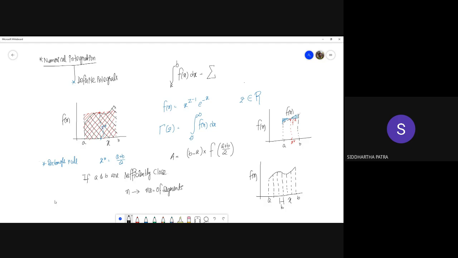So h would be (b minus a) divided by n, and we would make this process general. We would define xi equals xi minus 1 plus h, and x0 should be a, and accordingly xn becomes b.